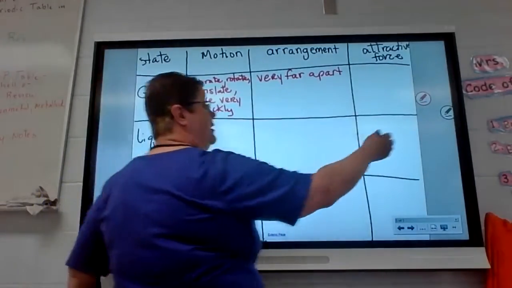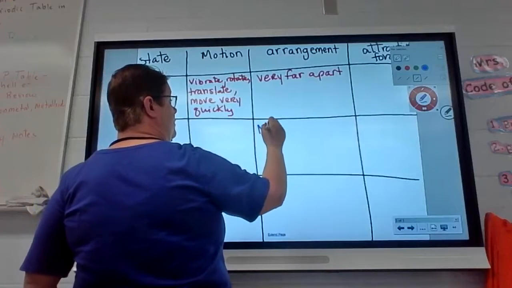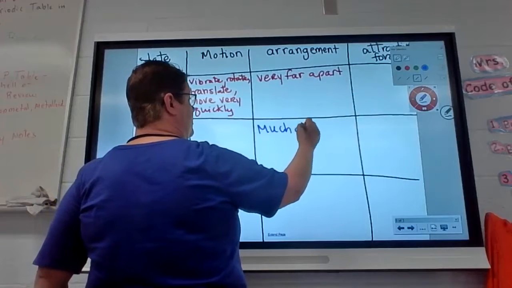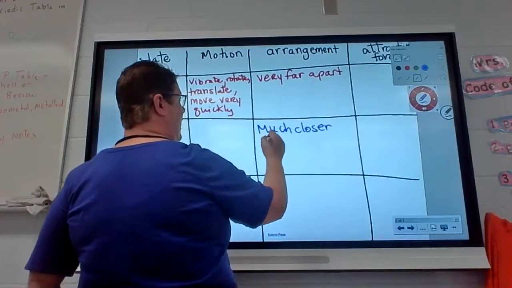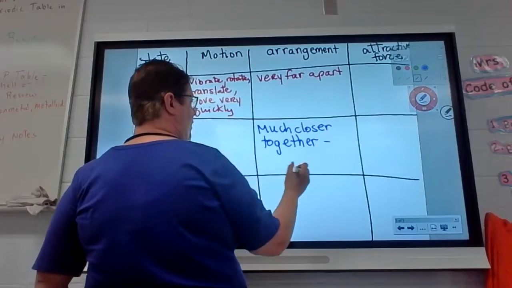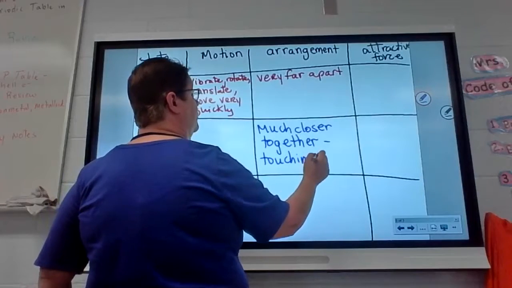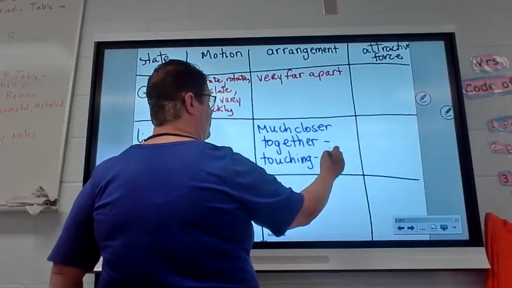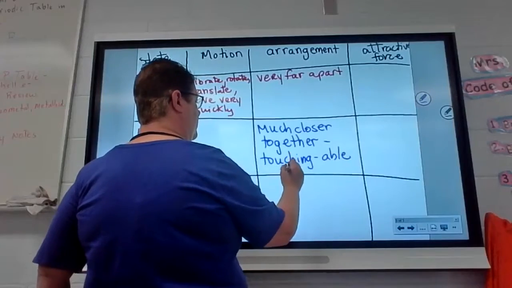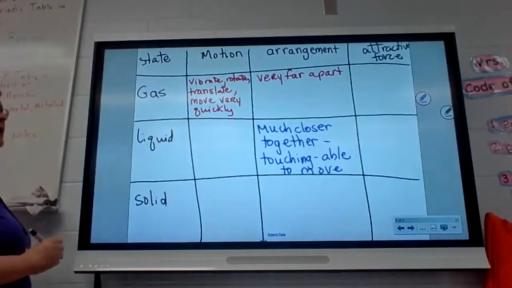So for the liquid, to compare that, the liquid state, oh my gosh, I wrote the wrong ones, is much closer together. Who writes gas, liquid, solid? It's always solid, liquid, and gas. All right?